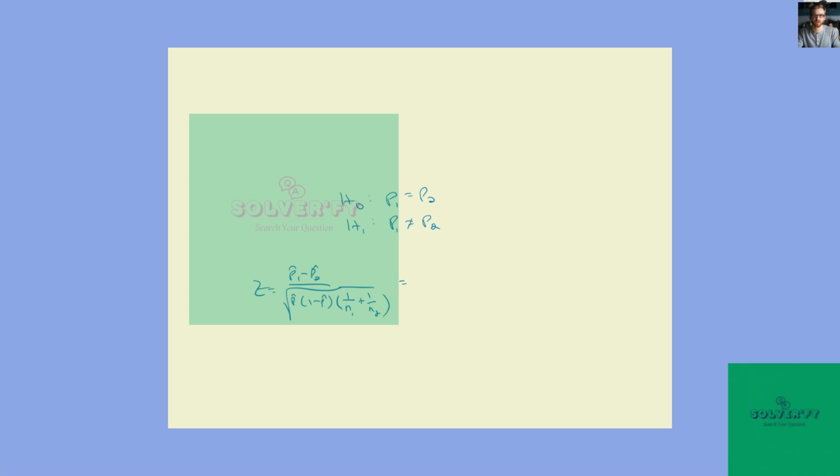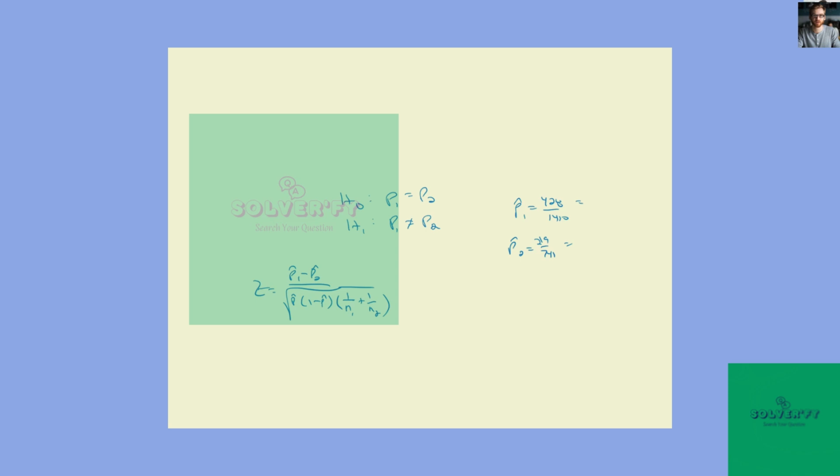The first proportion is 428 out of 1410. I'm going to take them to decimals. And the second sample proportion is 219 out of 741.